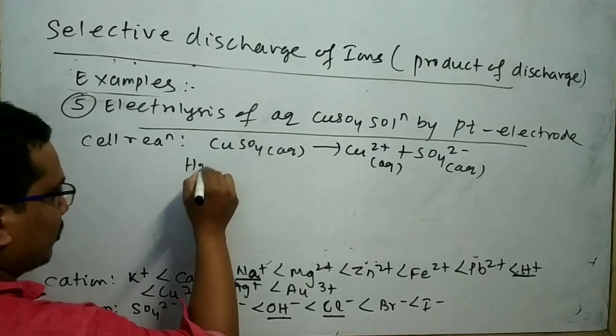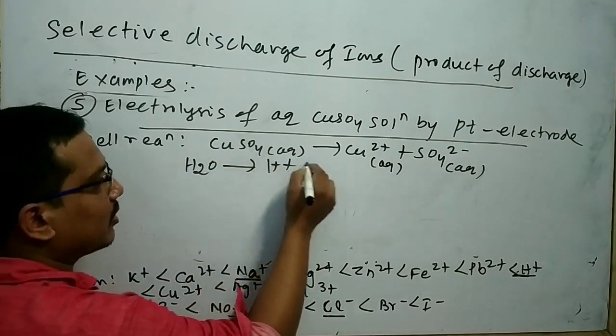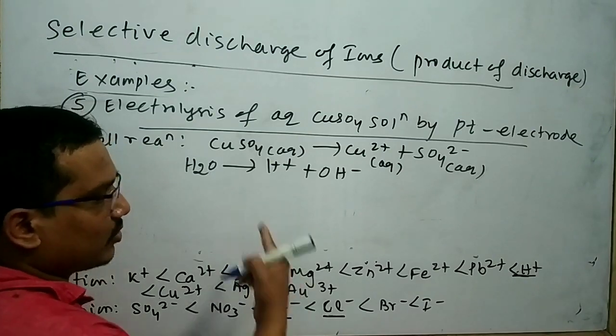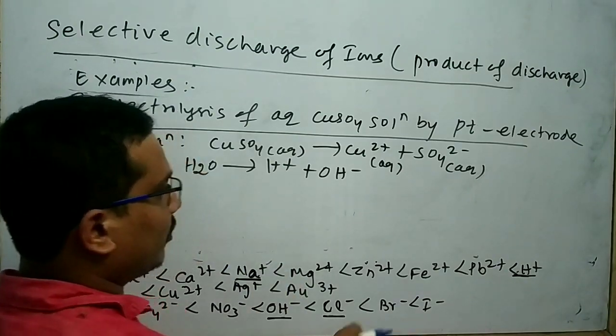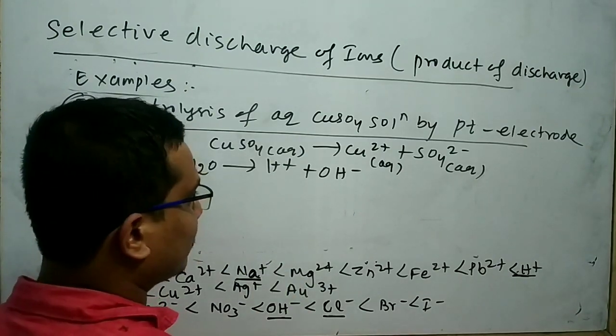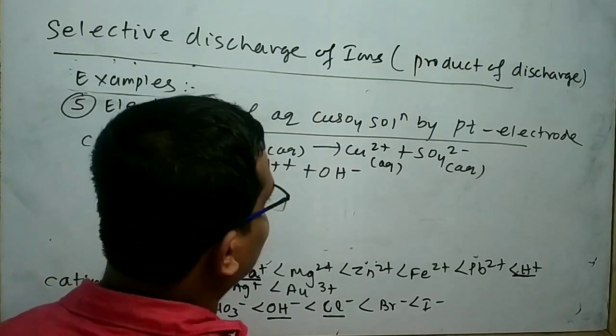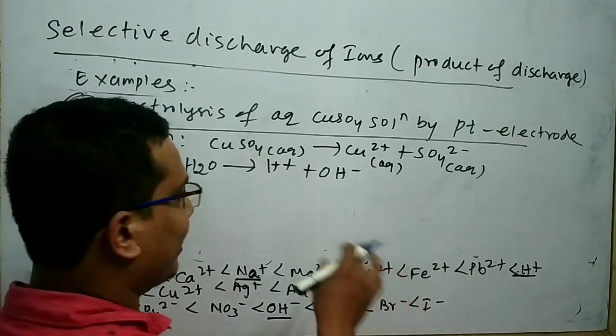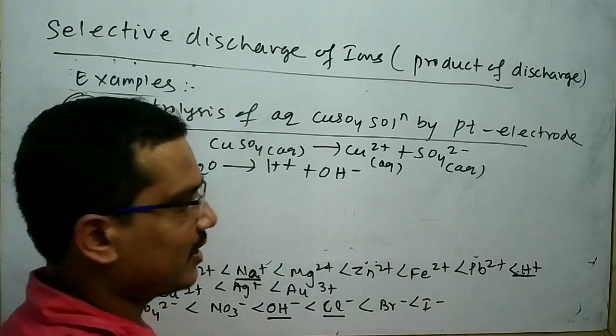Another is H2O gives H plus and OH minus. No concentration term is given, so the concentration does not affect the selection of ions for the first discharge. Platinum is an inert electrode, so it does not affect the product of electrolysis.